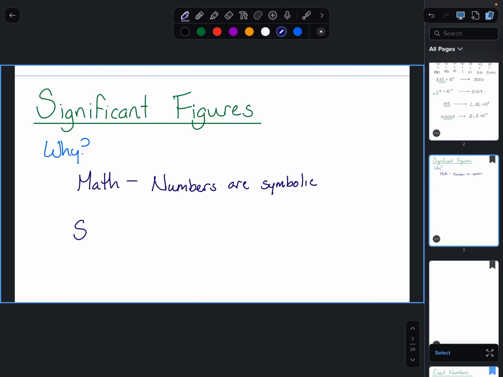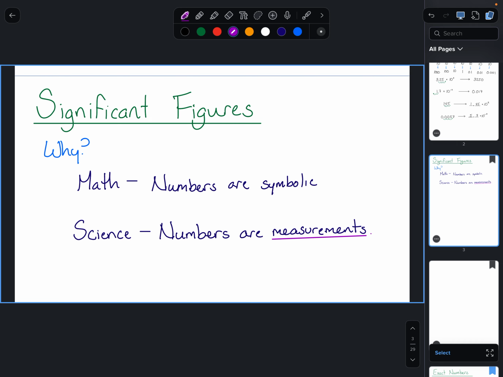In science, and again, specifically in chemistry, numbers are not just symbolic. Numbers correspond to measurements. All right, so we would never just say 2.